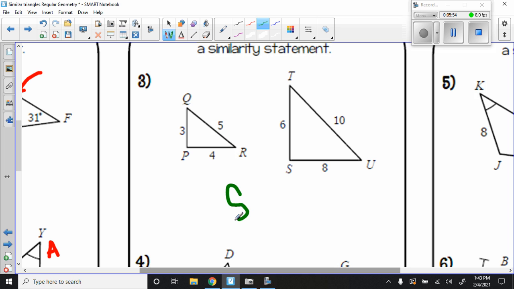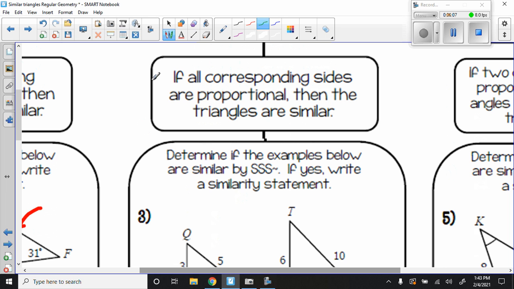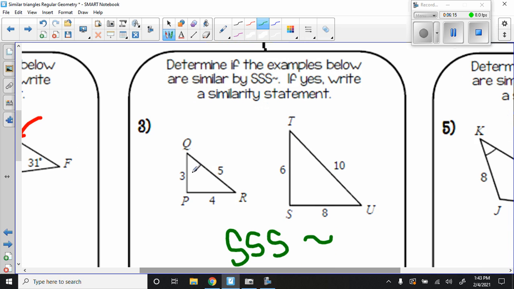These are similar by side, side, side. So you're checking to see if the scale factor is the same on every single one. So look at this statement right here. If all corresponding sides are proportional, that means the scale factor is the same. In this example, they all grew by 2.